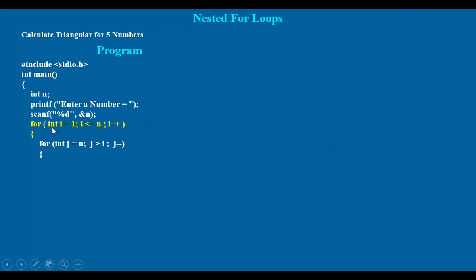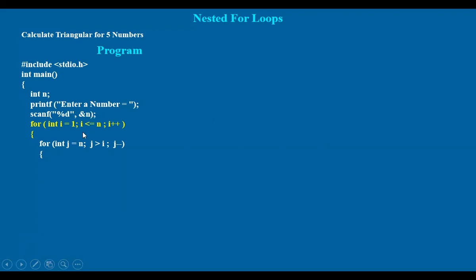Even if I declare it within the for, it is an integer. Here J is an integer and the J value is initially taken as 5, because the n value is 5, suppose we have given.